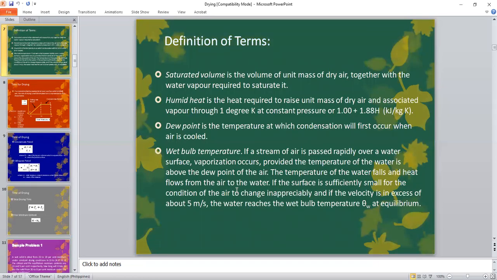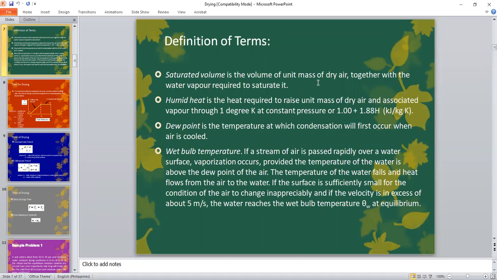Now, we also have what we call saturated volume. So how is it different from the humid volume? Saturated volume is the volume of unit mass of dry air together with the water vapor required to saturate it. And as such, the term saturated volume.